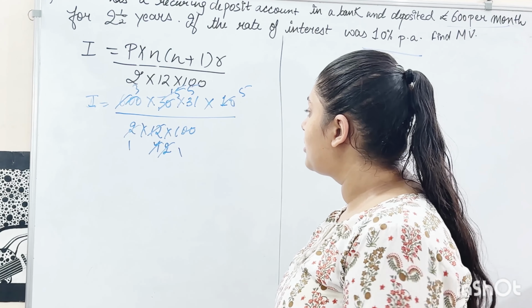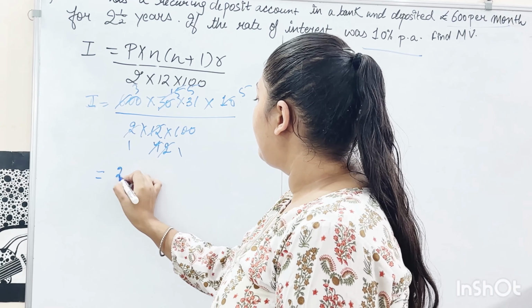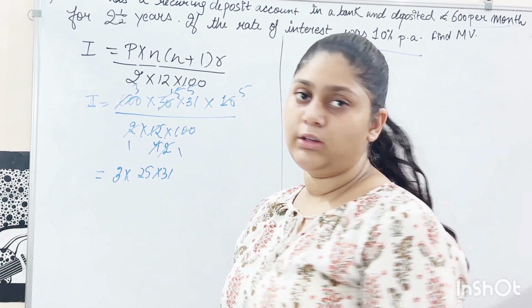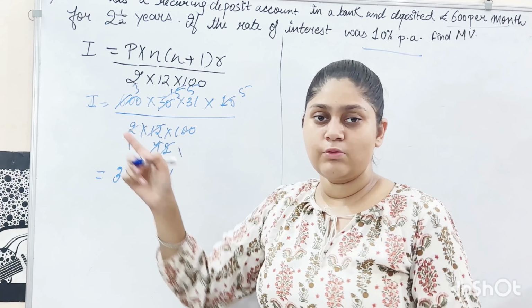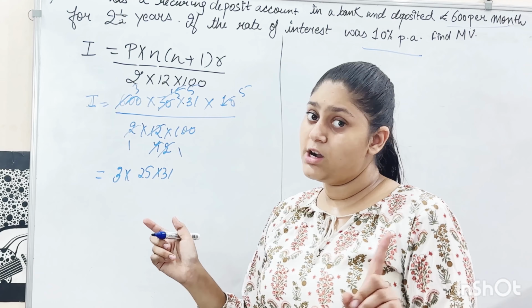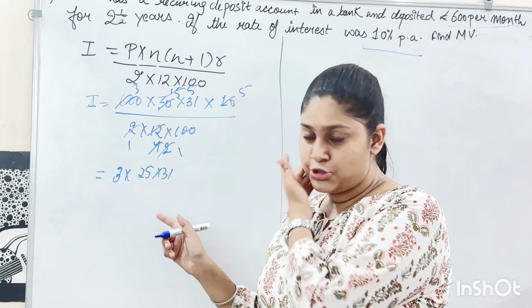So is anything left? No. So we'll put the value here, 3 into 25 into 31. Clear? There is no remainder left, or in the division there is nothing left, so it will never come as a fraction.